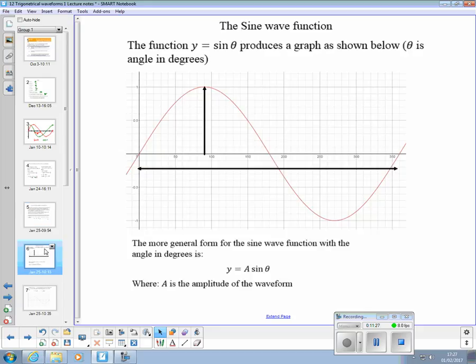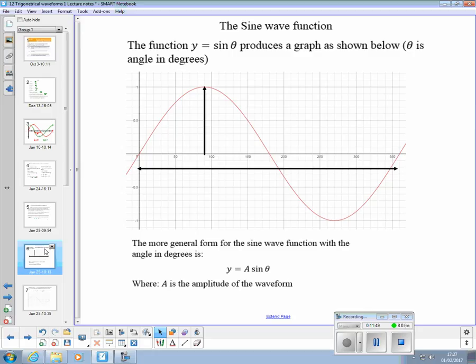So, moving on yet again, let's look at the function y equals sine theta in a bit more detail. Angles in degrees here again at the moment. We can produce a graph as shown with theta being the angle in degrees.